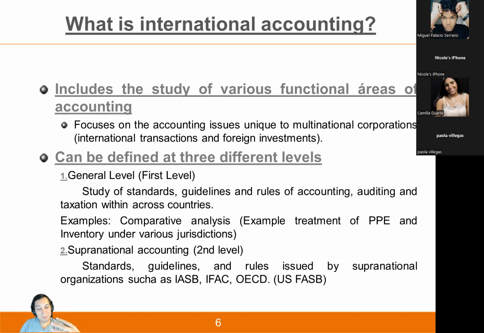And with international operations, the topic of risks becomes very relevant. What types of risks with international operations do you have? Cultural risks. When you move to a new country, the culture is different.